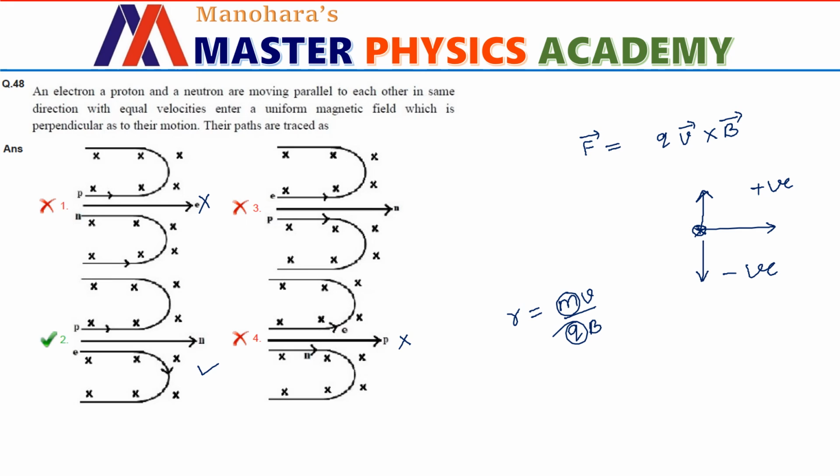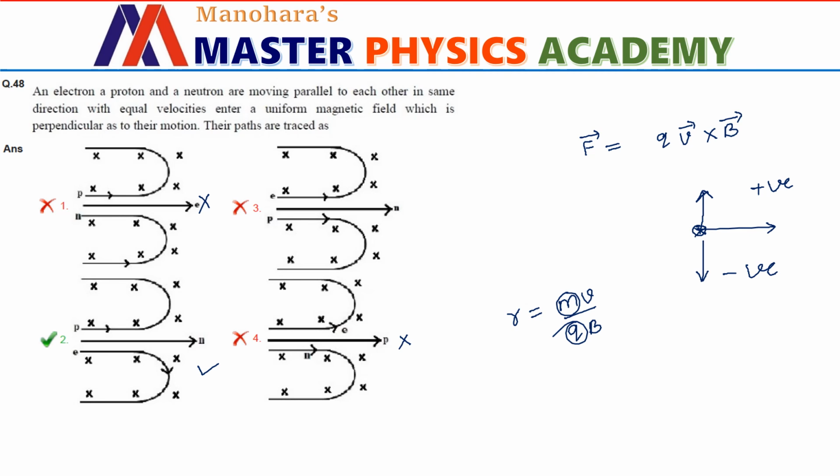Be careful about this also. So we should only look for the direction of motion, not the radius of the path. In the instructions they will clearly mention that the diagrams given are not to scale. So that's why we cannot claim grace marks for this question.